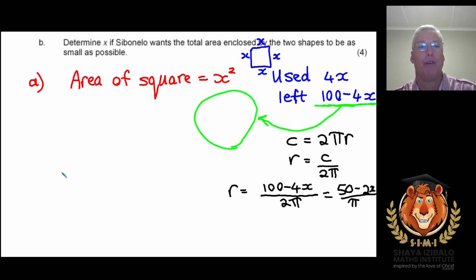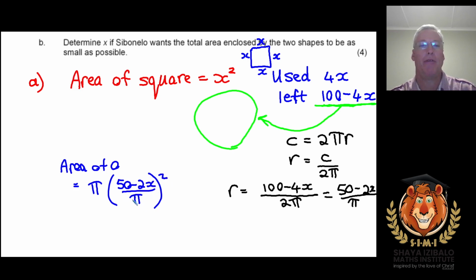So the area of the circle, I'm going to write it across here. The area of the circle is going to be pi times the radius squared. Now notice the radius is 50 minus 2x over pi. All right, that's the radius squared. Now I could simplify it, and in fact I'm going to simplify it somewhat. I'm going to square this out. How many times have we squared a binomial already in this video series? 50 squared, 2500.